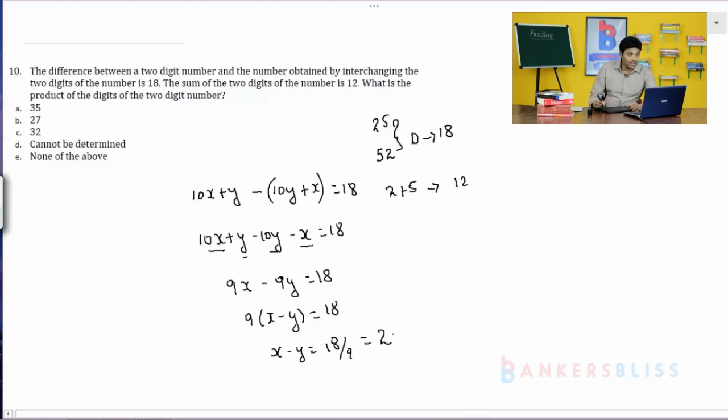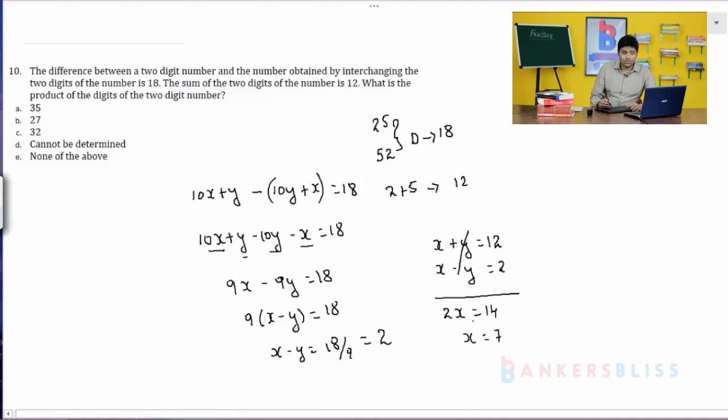Next, what have they given? The sum of the 2 digits. So, sum of the 2 digits means 1 digit is x and 1 more digit is y, so x plus y is equal to 12. So, see here, we know x minus y is equal to 2. So, you add both the equations, 2x is equal to 14, therefore, x is equal to 7.